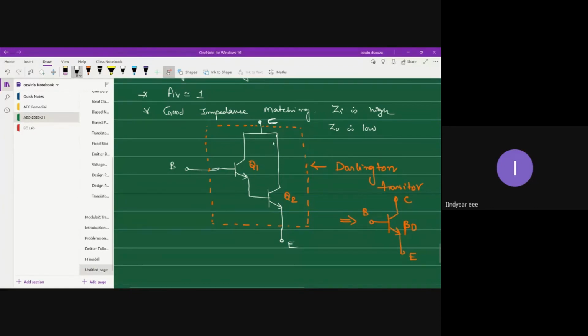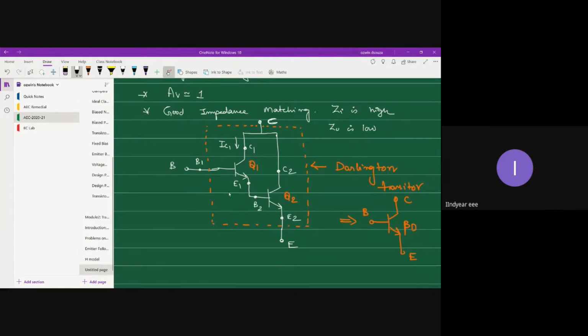Let me show you. This is your first transistor. We will take the first collector as C1, this is C2, this is E1, this is B1, this is E2 and this is B2.